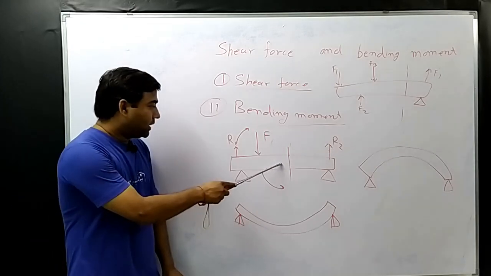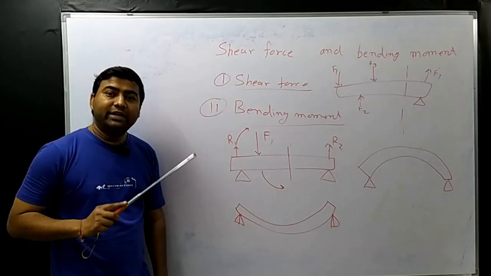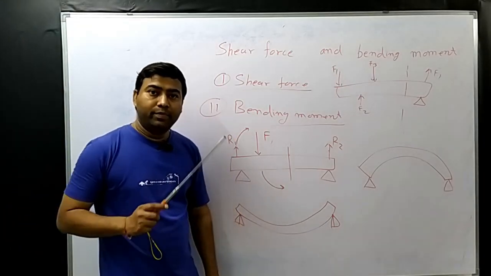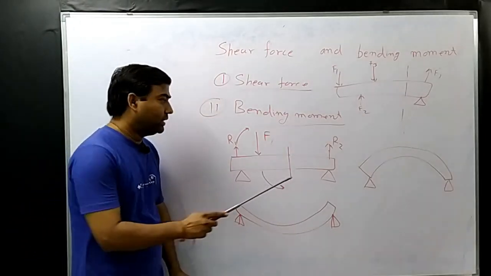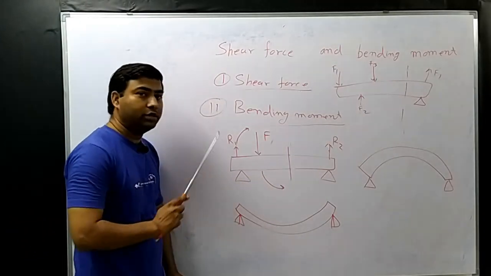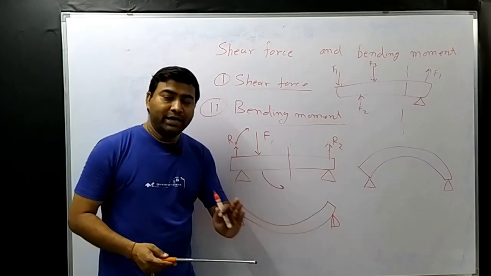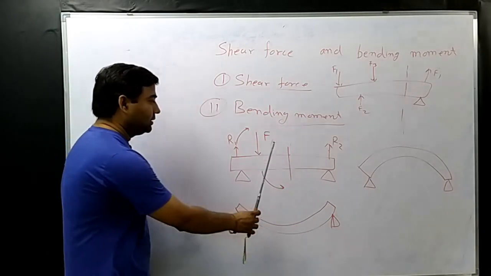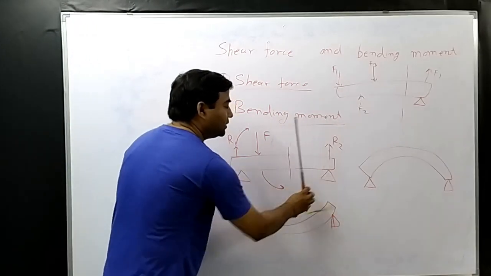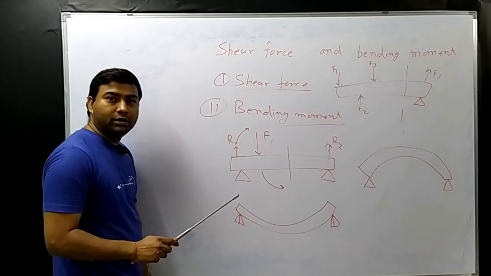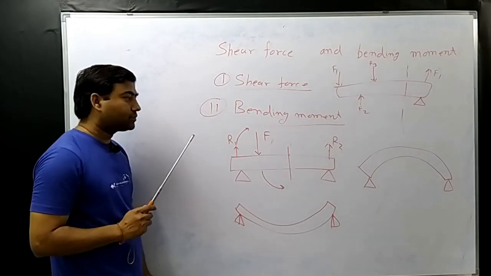So the net moment by only leftward forces about this point is called bending moment at this point, even though the total moment of all three forces about this point is 0. Bending moment is the moment created by only leftward or only rightward forces for a given arbitrary cross section.